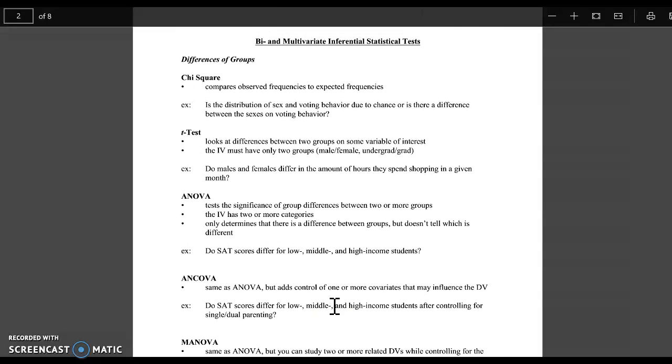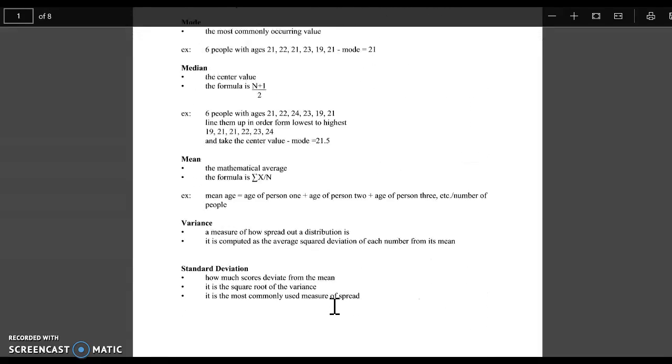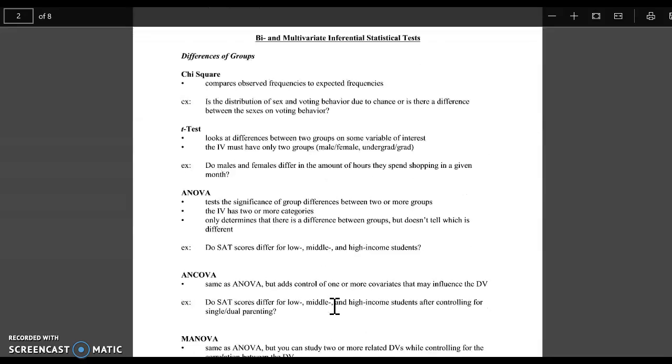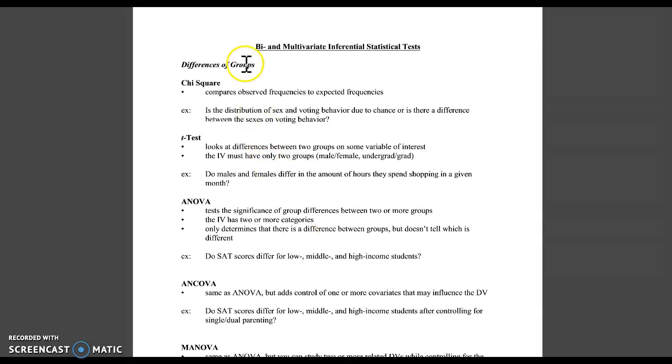And until you become a master at knowing what is what, we're going to use this to refer back to. So on the second page, it says bi and multivariate inferential statistics test. Remember, this is inferential statistics. These are the inferential statistics used for this research study. They said they used a t-test. Okay, now that's important to know.